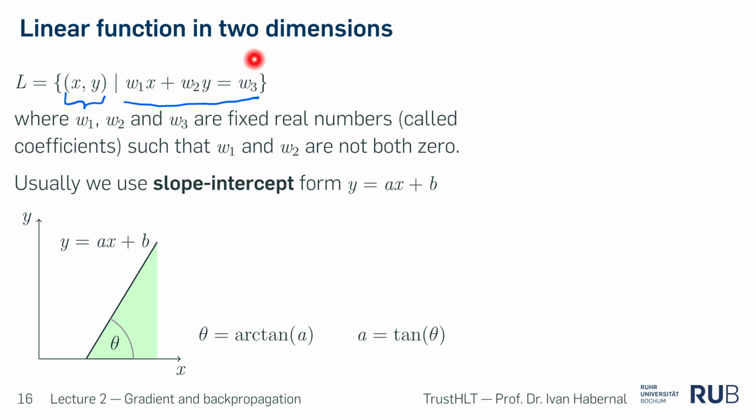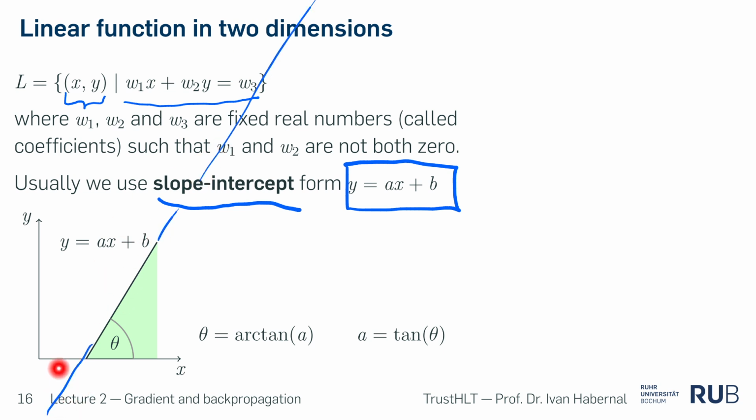But what we usually use as a line is the slope-intercept form. So y equals ax plus b, right? There's a line coming from infinity, and the a is telling how big the slope is, how much y grows if you grow x, so linear, and the b is just the intercept, how much you move it up or down.